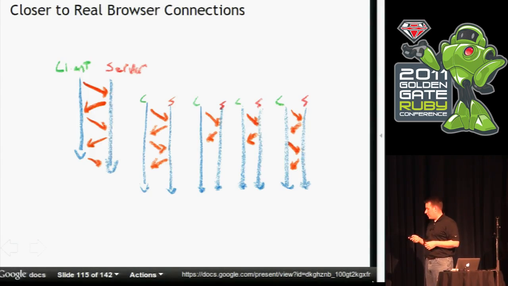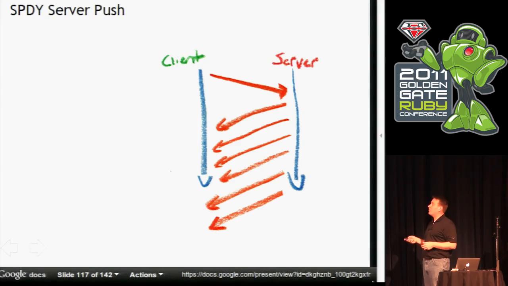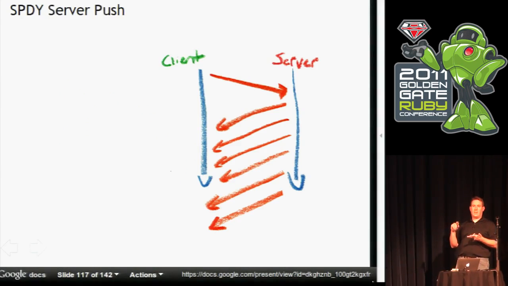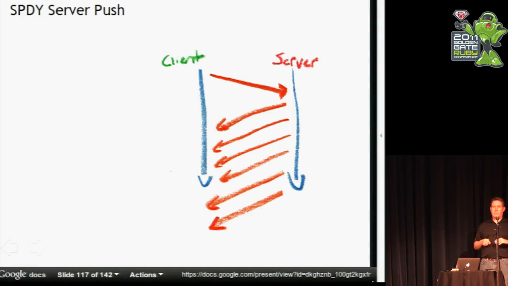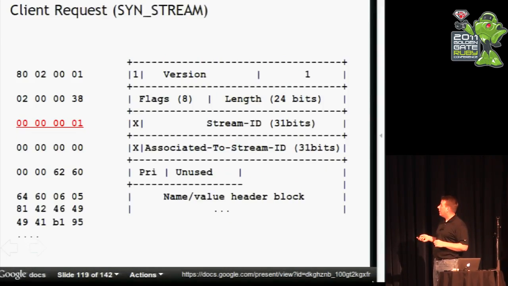The really killer feature of SPDY is that we don't even have to bother doing the packaging and compressing kind of stuff. We can do SPDY server push. We request the home page, and the server just sends back everything: the home page, all the images, everything. And it sends it right one after another. There's no round trip time incurred by doing anything. It just sends all that stuff out, and it works fantastic.